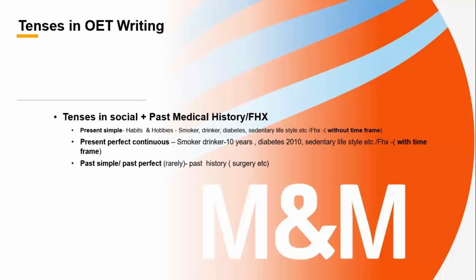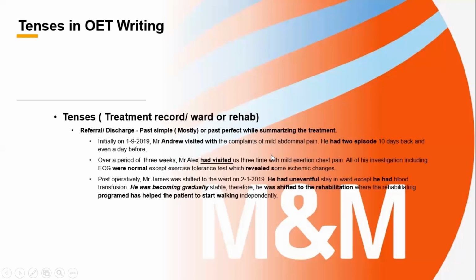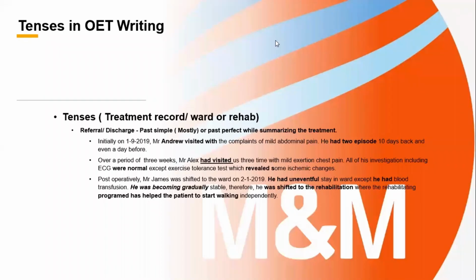Okay. So after that, we have the next slide before we can move on. If you would like to ask anything. Now, basically, if you can see there, we have the treatment record, or we have the ward history, let's say.